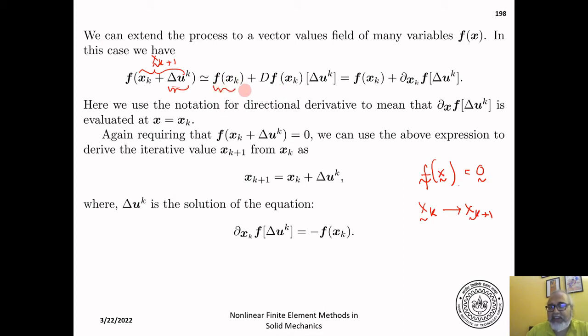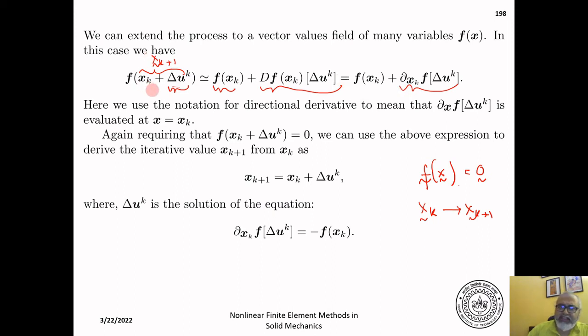So f(xk) plus the directional derivative of f at xk in the direction of delta uk evaluated at x equal to xk, just like in the 1D case. So this quantity that we write as df(xk) is actually the directional derivative with respect to xk of f in the direction of delta uk.